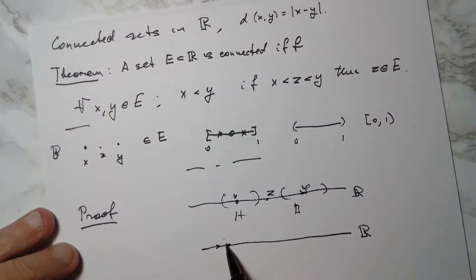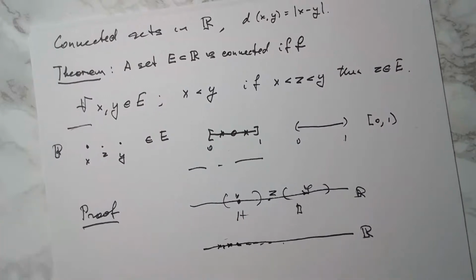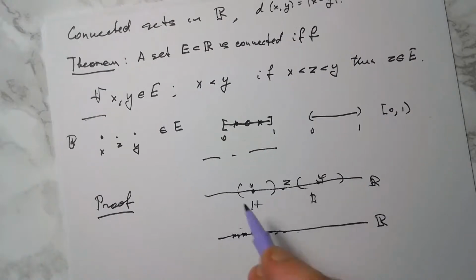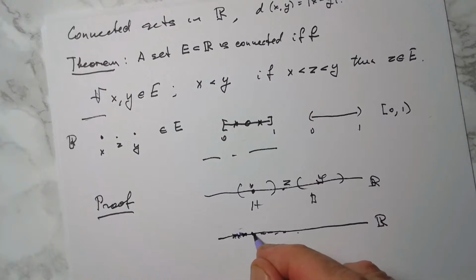So the set A may consist of a whole bunch of points like this, and the set B will look somewhere in between. So the points in the set B and the points in the set A may be meshed together, and this is why we need a little bit of a proof here.